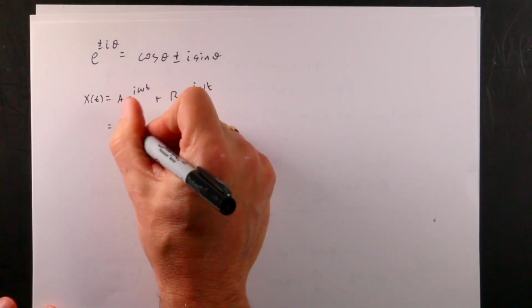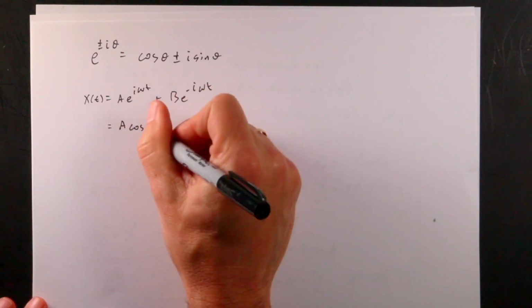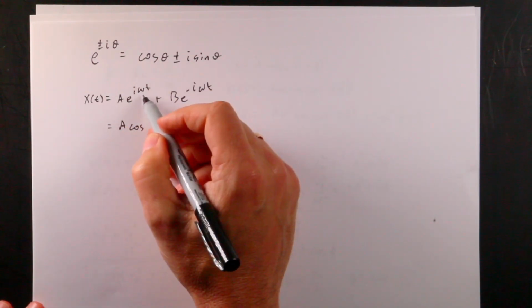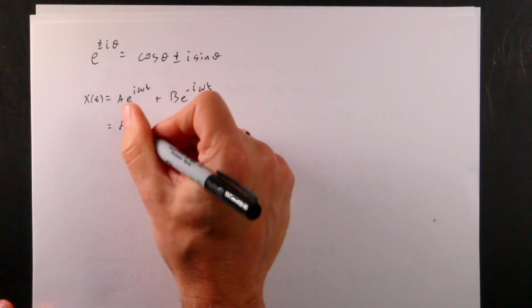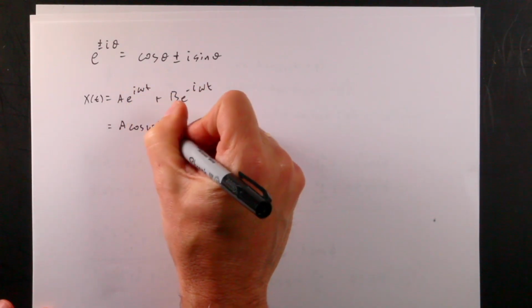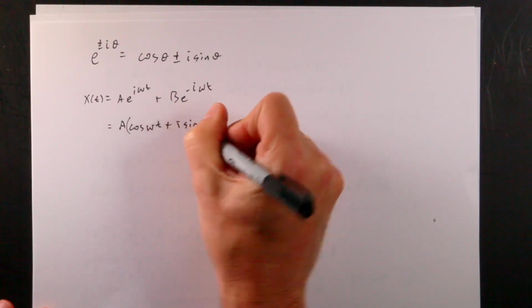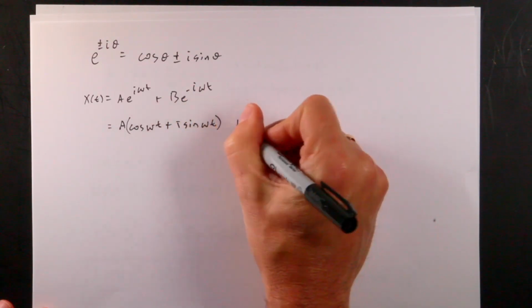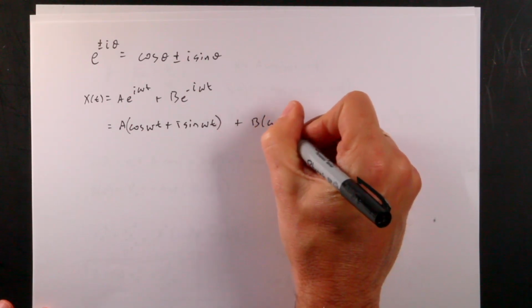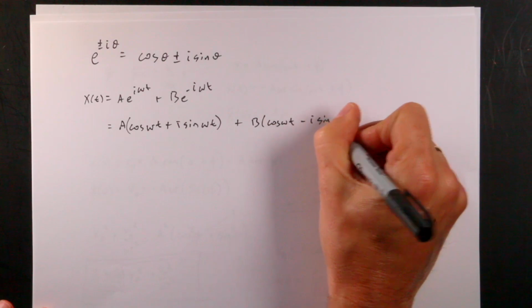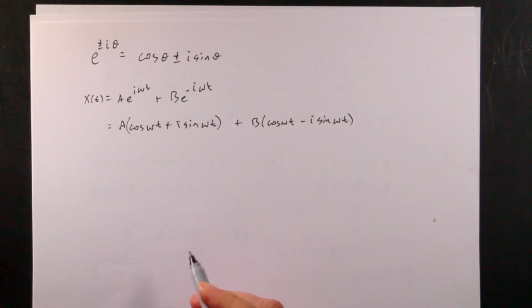So I get a times cosine of theta, not theta, I'm going to say it's going to be equal to omega t. So it's going to be cosine omega t plus i sine omega t plus b cosine omega t minus i sine omega t.